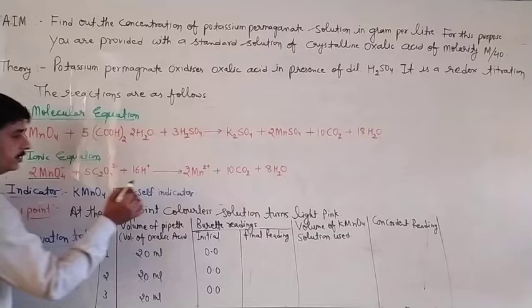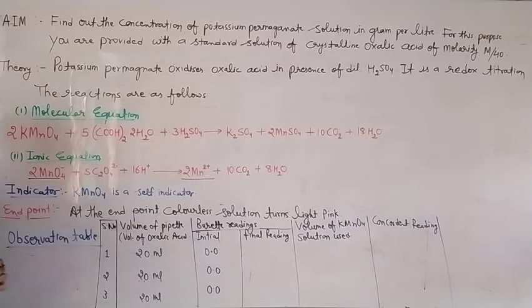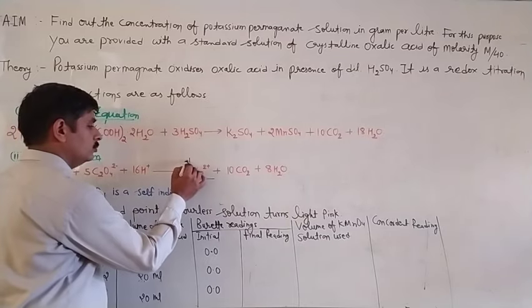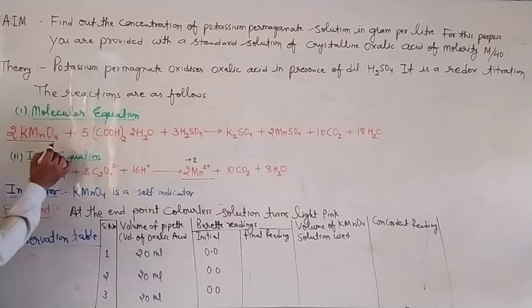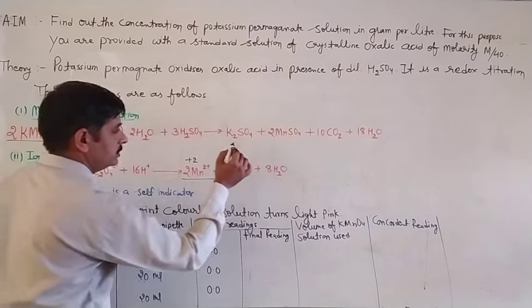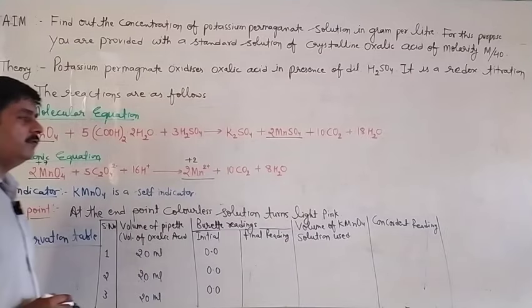That means we can conclude that there is a reduction of KMnO4. Here you can see the oxidation state of Mn in MnO4 minus is +7, and it is changing into +2. That means the oxidation number is decreasing, which is an example of reduction. So potassium permanganate is undergoing reduction as it changes into manganese sulfate.